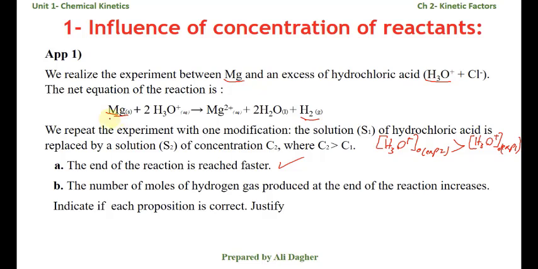But since the initial number of moles of Mg remains the same, because the only change is the increase in the initial concentration of H3O+, we did not change the initial quantity, the initial mass or number of moles of Mg. And since the reaction is complete, then we should obtain the same number of moles of H2 at the end of the reaction. But this number of moles is obtained faster in experiment 2. Then proposition 2 is false.